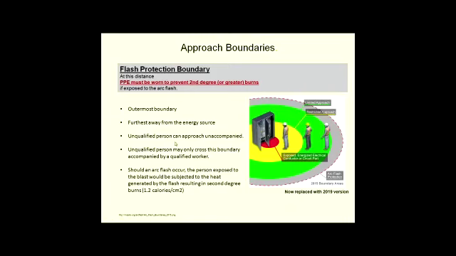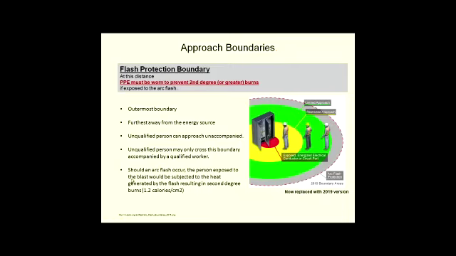An unqualified person can approach unaccompanied. If you're not qualified, you can still be that close to the equipment within the gray area. An unqualified person might only cross this boundary accompanied by a qualified worker, so you should be with someone who knows what they're doing if you want to get into the gray area.